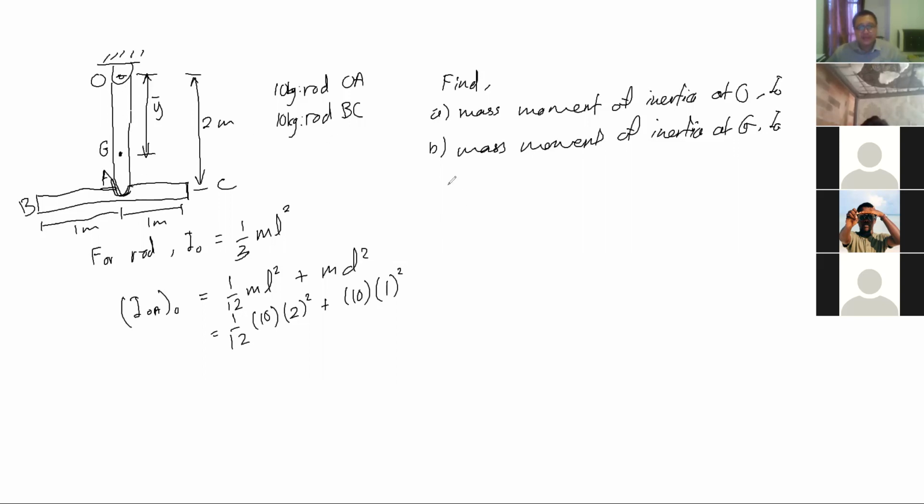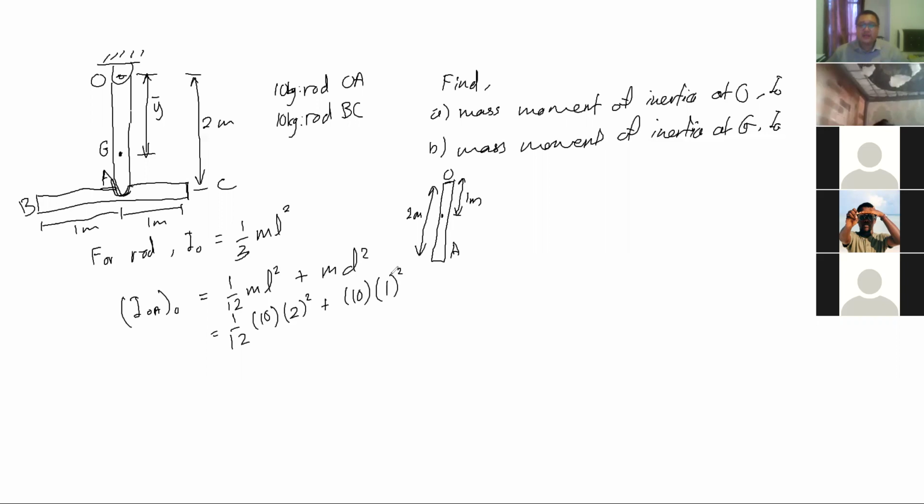Okay, let's say it is rod OA. The length is 2 meter. And this particular rod has its own center of mass, at the center. And with respect to point O, it is 1 meter.